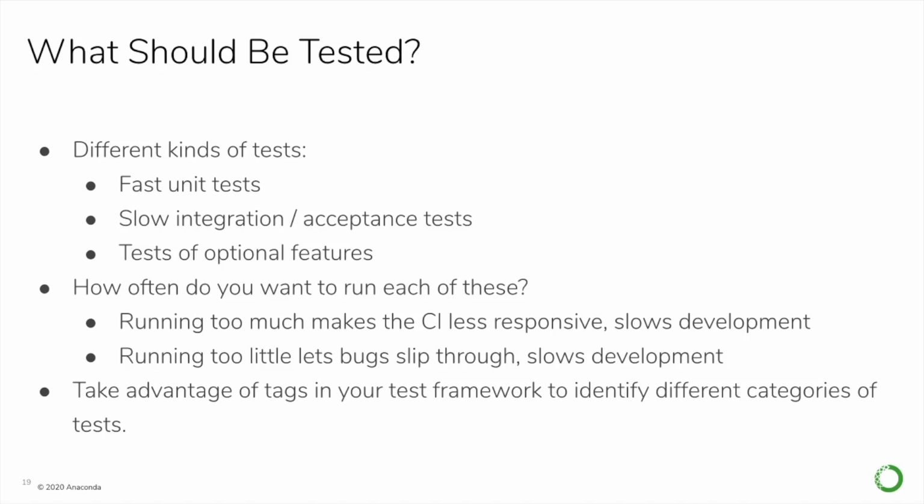But it will slow down development by letting bugs through that will be much more expensive to fix later, when you've maybe already committed them to master or you're further down in the review process, and you could have caught them much earlier. So unfortunately, no matter what you pick here, there's a risk of slowing down your development due to one thing or another. So you have to fine tune it over time and see, okay, when have I failed to catch a bug? Maybe I need to run a few more tests, or vice versa.